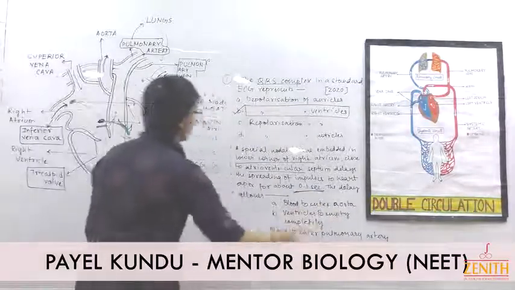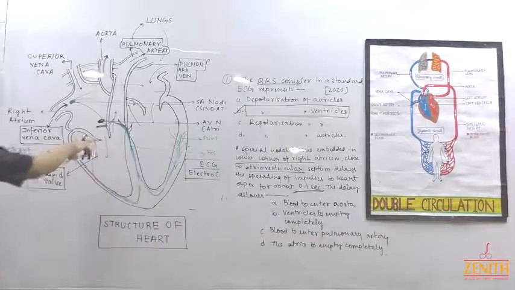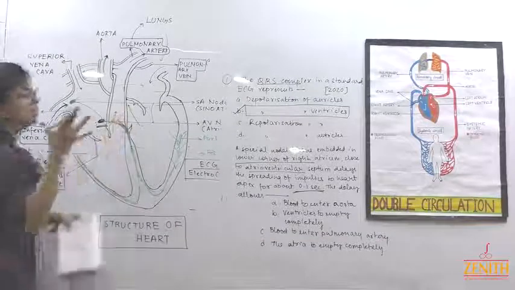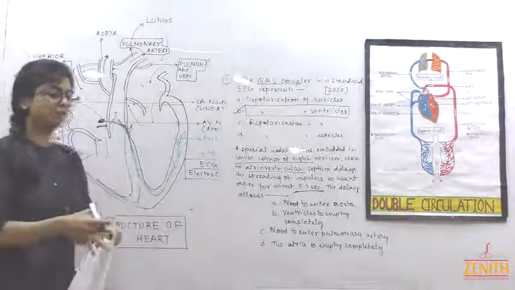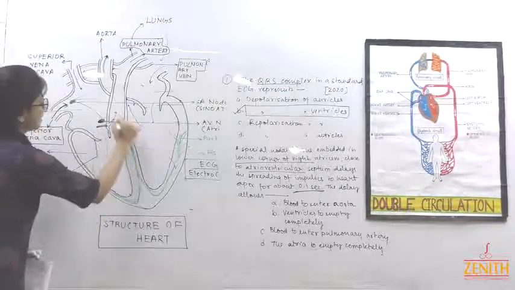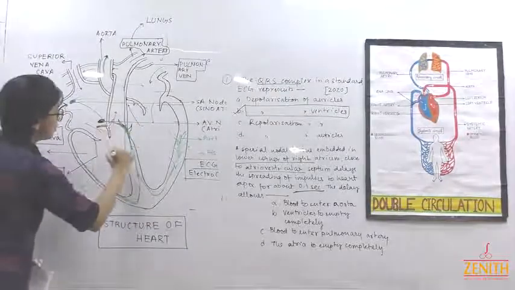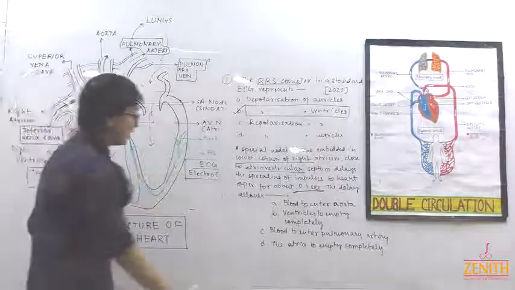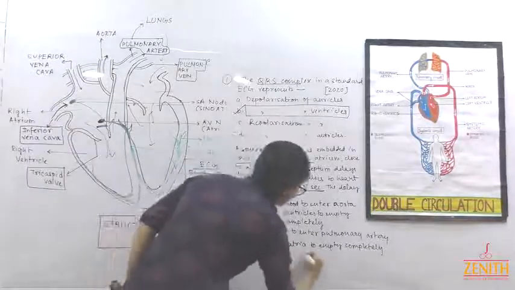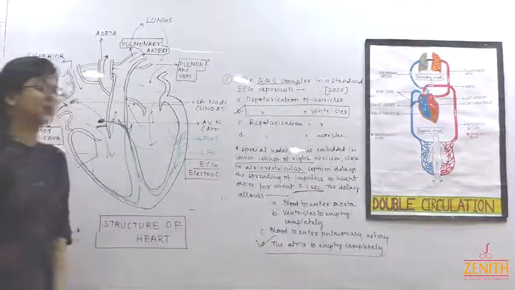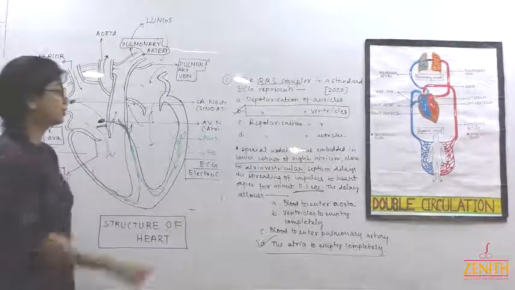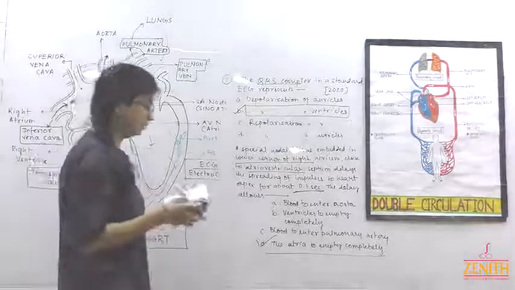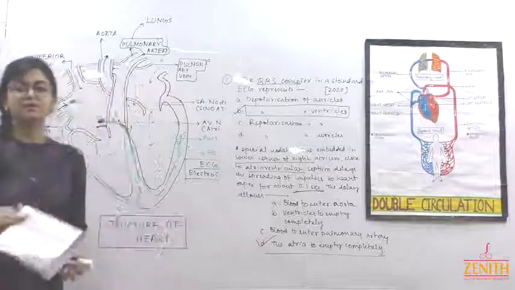Blood to enter aorta, definitely not, because when it generates the electrical impulses, the atrium will contract. By the contraction, the blood will come from the atrium to the ventricle. That means the correct answer will be the atria to empty completely. So this will be the answer. Okay? So today this was up to you.